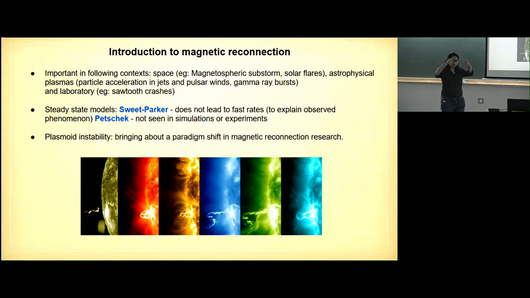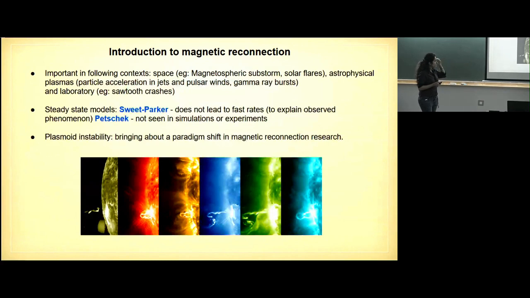And as they come up, they can get twisted and interact, and then they pinch off due to magnetic reconnection taking place, and this plasma then gets thrown out into the atmosphere. This is known as the solar flare. So people think that magnetic reconnection is underlying this particular phenomenon that's happening on the sun. So reconnection is important for solar flares.